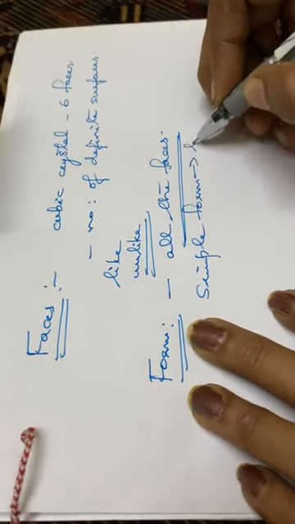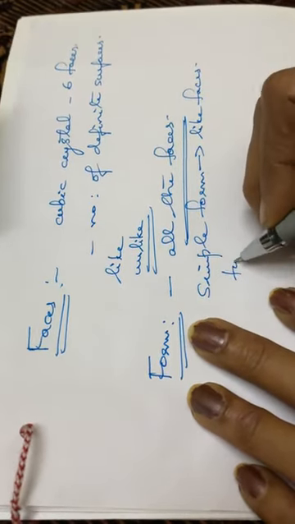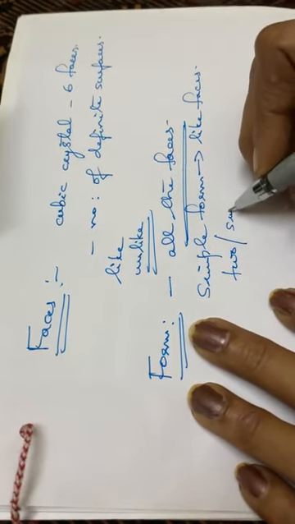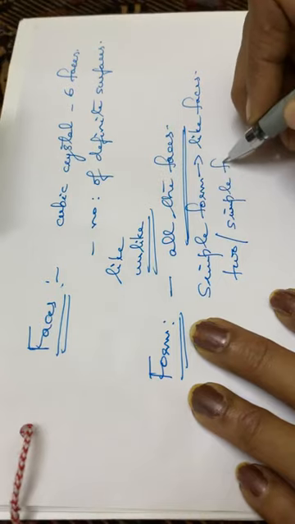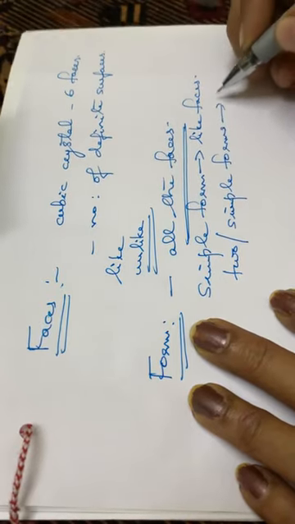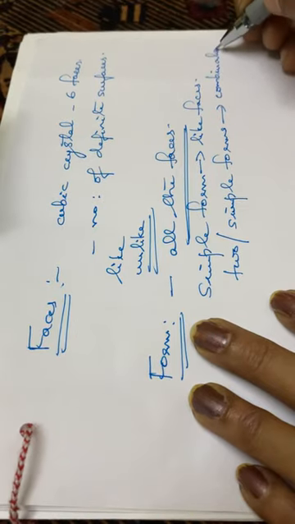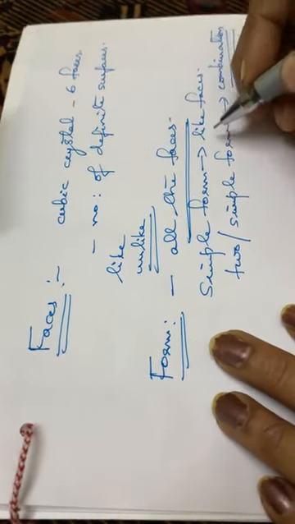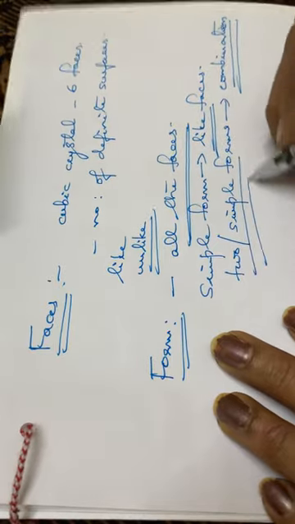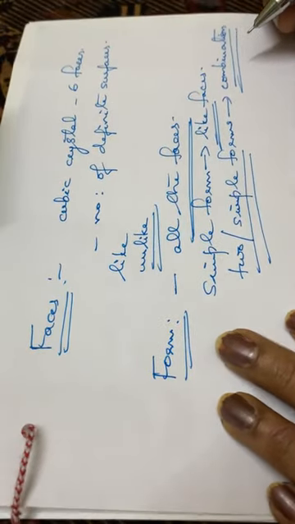A simple form of a crystal means it will be having like faces. And if two or more simple forms are there, it is called a combination. So a simple form will be there with like faces, and if two or more simple forms are there, it is called a combination.